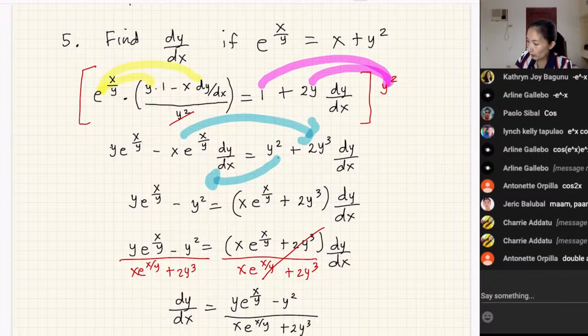Sorry, this is supposed to be x, and this is supposed to be an exponent. So let me write it properly. x over y.